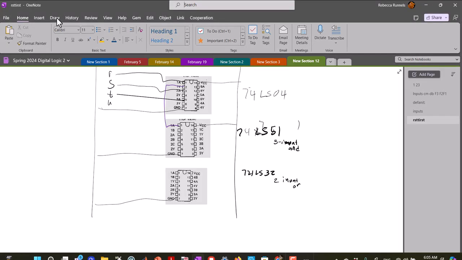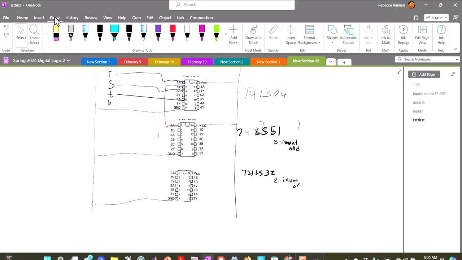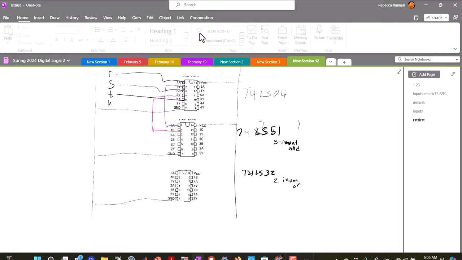Okay, I'm going to stop this, I think, and, oh no, there we go. 2Y is going to 2 and 4.